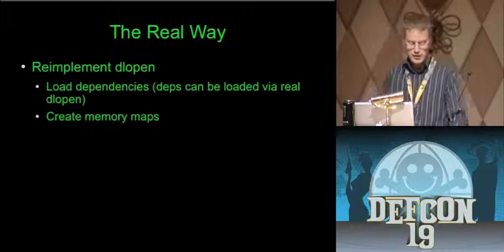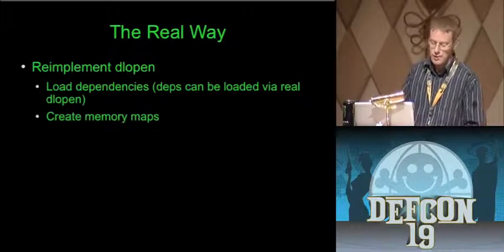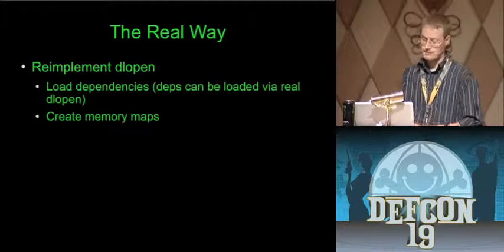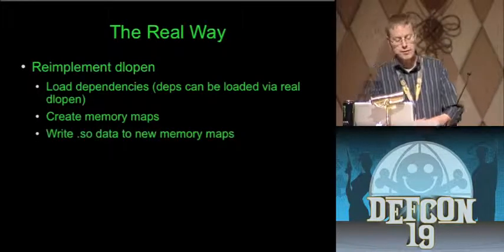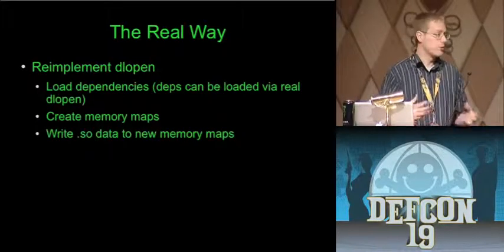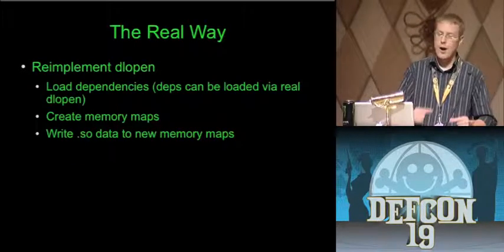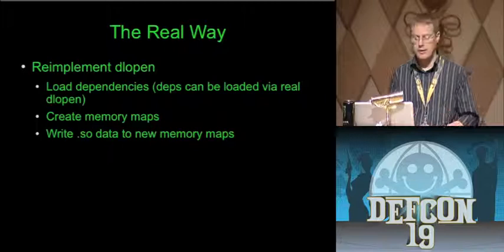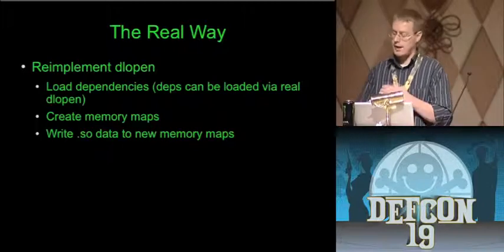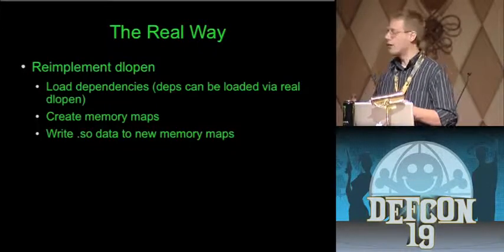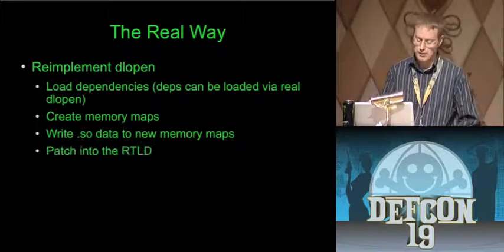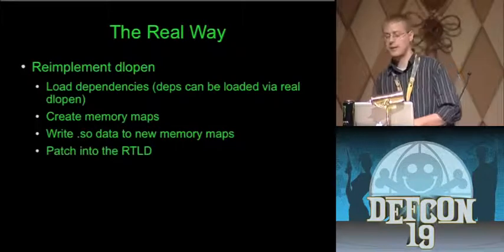So what you'll do is you'll create memory maps, and you'll write shared object data to those new memory maps. You'll look at the program headers, which tell you how to load that shared object, and you'll load what it tells you to in these new memory mappings. And then you'll patch into the runtime linker.